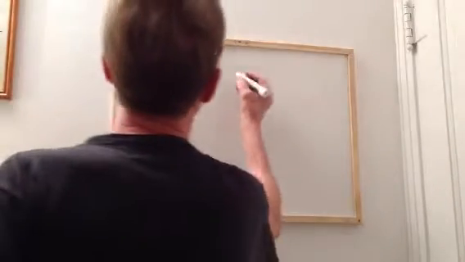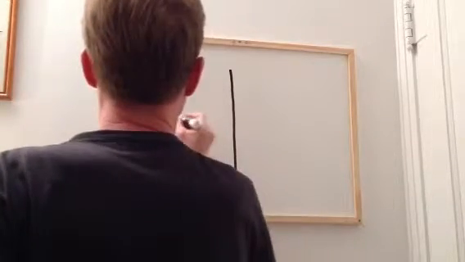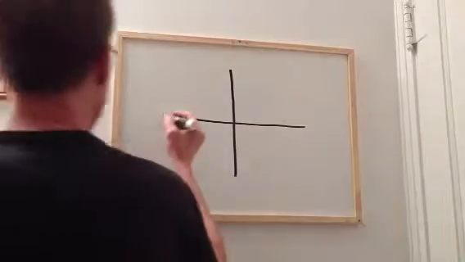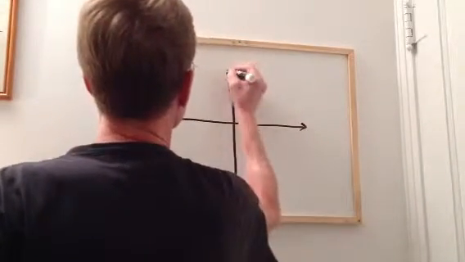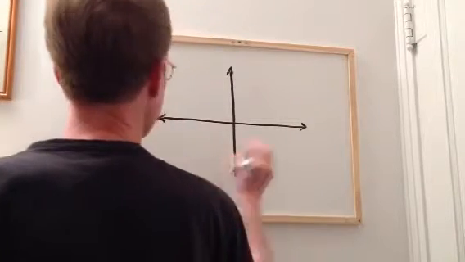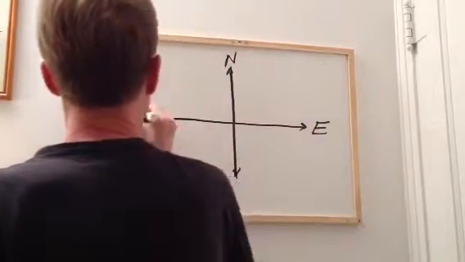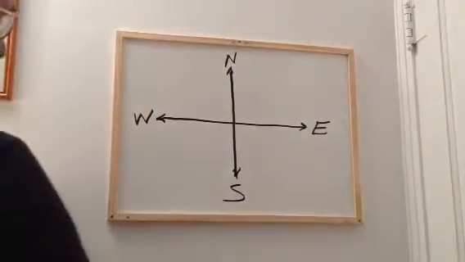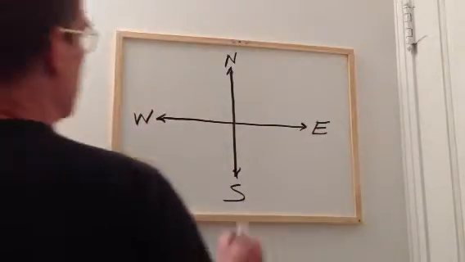But now, let's suppose that we want to express a point on a coordinate system, let's just take the simple compass. North, east, south, west.